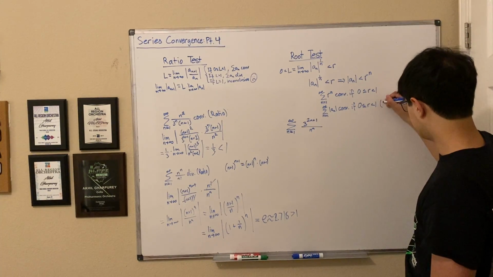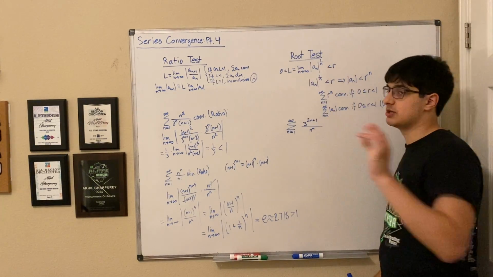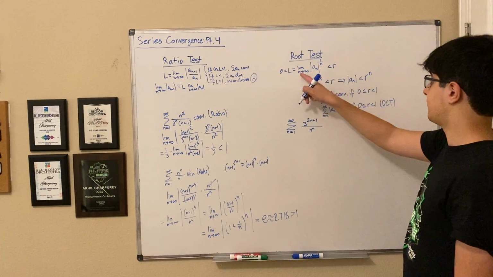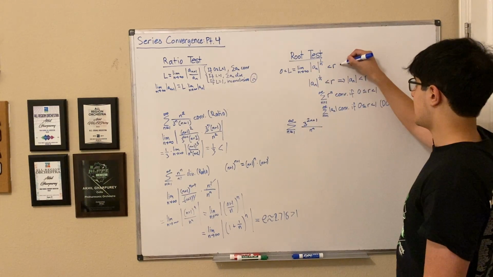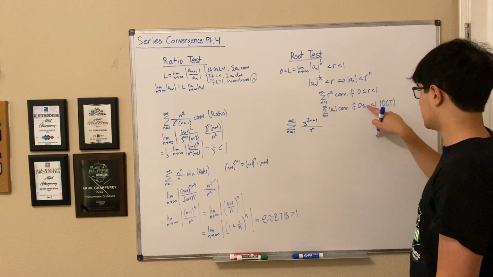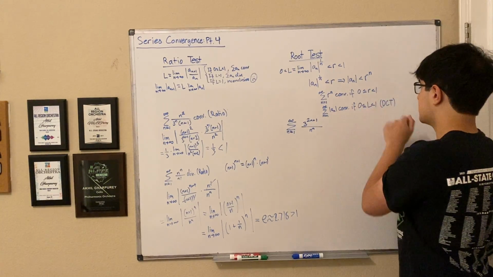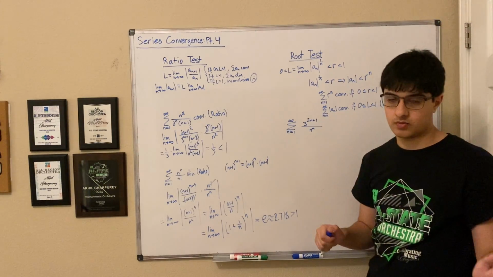Now notice, we defined L to be less than r. If L is less than r, then L will also have to be less than 1. So we can say that this series will converge if 0 is less than or equal to L, which is less than 1.